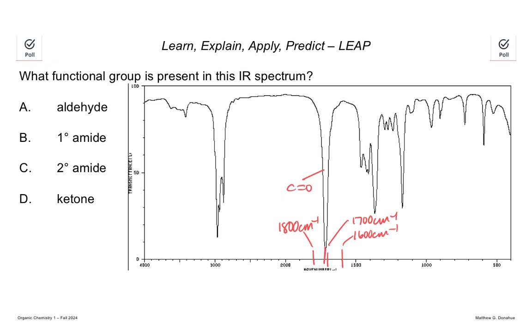And if you draw a line down, you see that that signal is greater than 1700. And so that's how we're going to differentiate choices B, C, and D. The answer will be a ketone.